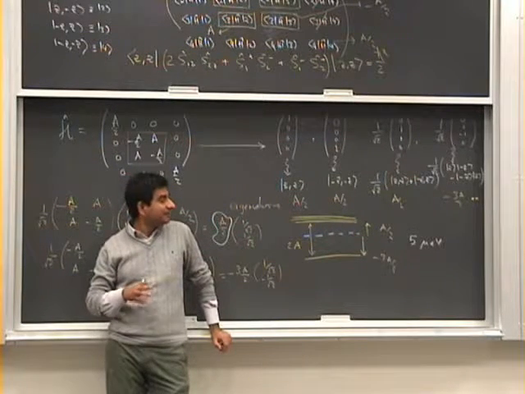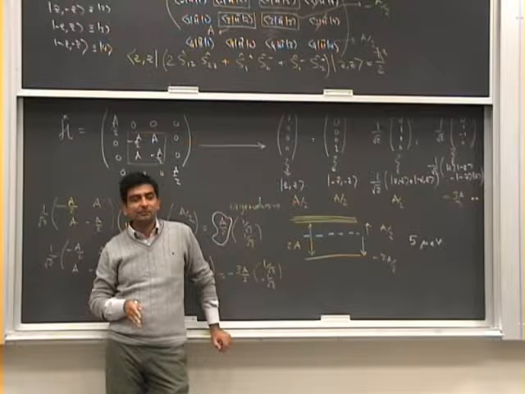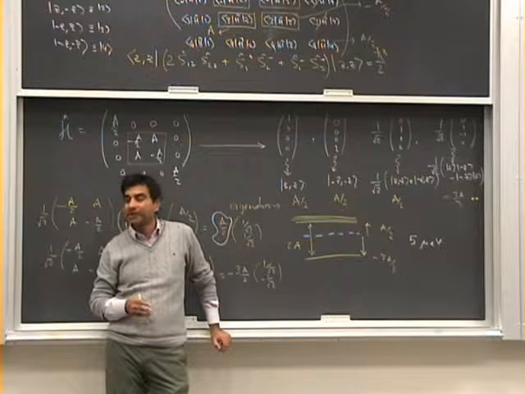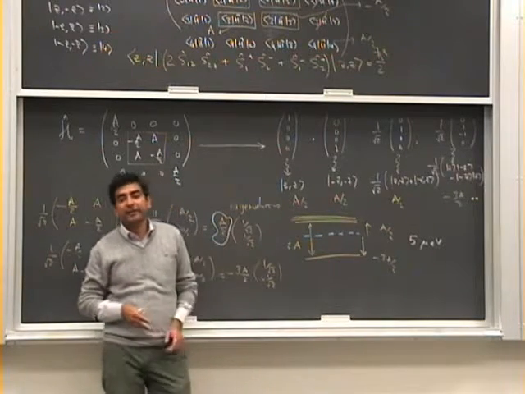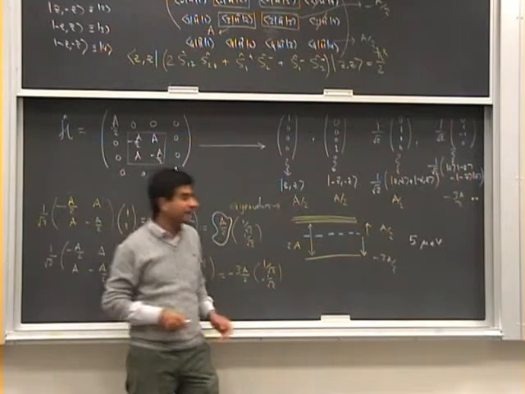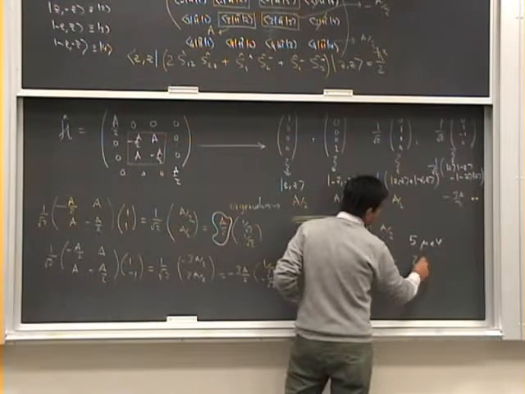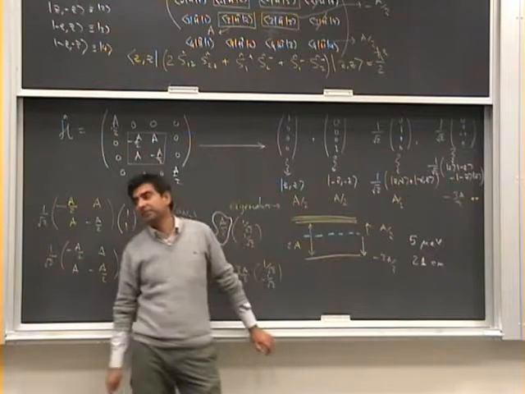So these are much smaller than the fine interactions. These are order alpha squared smaller, where alpha is the fine structure constant. Just 5 micro-electron volts. If you convert this into wavelength, it's about 21 centimeters, which is in the microwave regime.